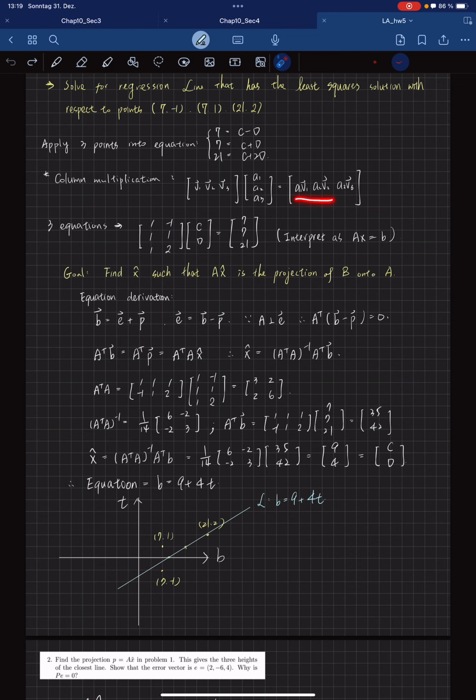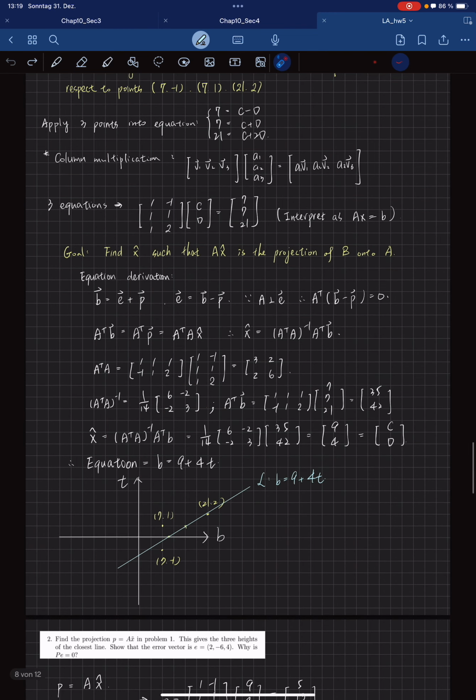This is our result. If we apply this back into our equation, we get this equation here. And indeed, if you multiply this back, you'd get this equation at the end.